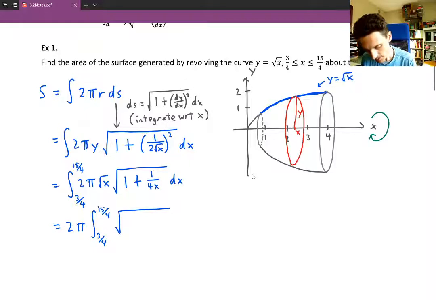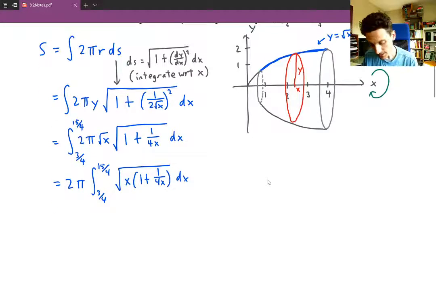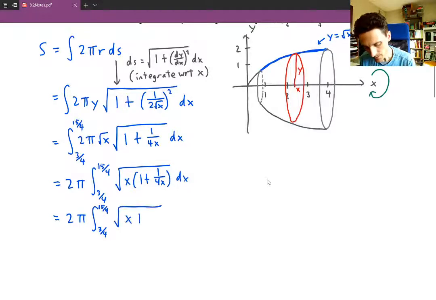So here we're going to have the square root of x times 1 plus 1 over 4x. Now we can distribute the x. So we have 2 pi times the integral from 3/4 to 15/4 of the square root of x plus 1/4 dx.